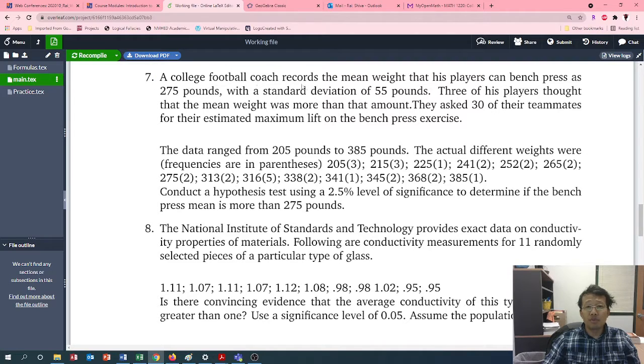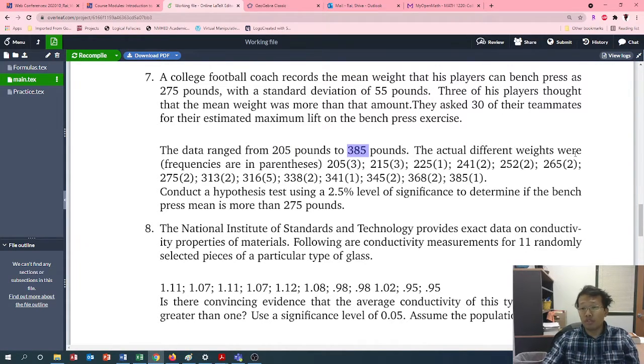A college football coach records that the mean weight his players can bench press is 275 pounds with a standard deviation of 55 pounds. Three of his players thought that the mean weight was more than that amount. They asked 30 of their teammates for their estimated maximum lift on the bench press exercise. The data ranged from 205 pounds to 385 pounds.